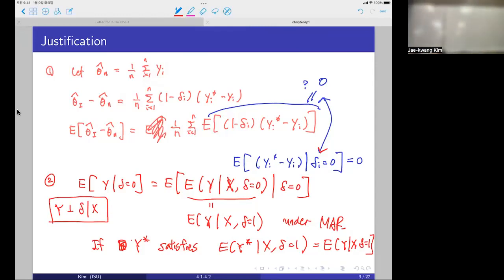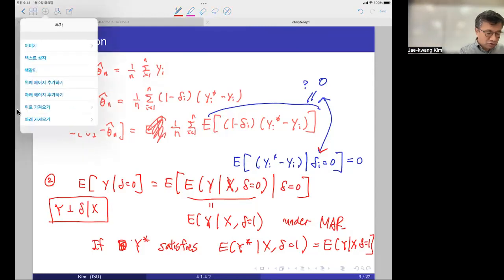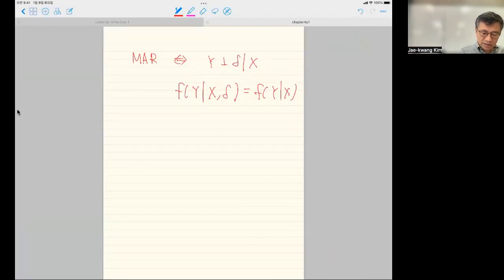Okay, that's a good question. MAR in this context is that Y is independent of delta given X. In terms of Y, regardless of whether delta is 1 or 0, that doesn't change.